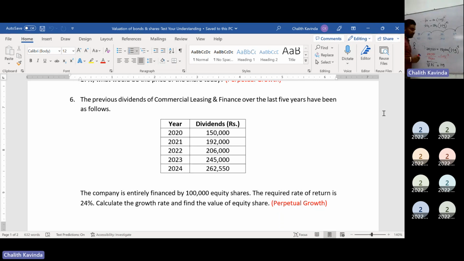Then finally, what is the growth rate? Equals to 15%. The growth rate equals to 15%. This is not the answer. This is the one way of getting the answer. Growth rate equals to 15%.